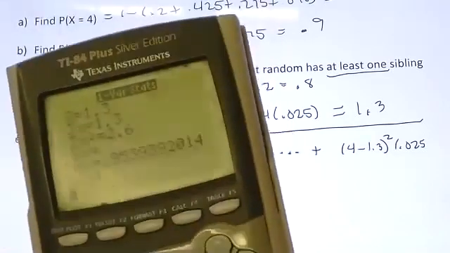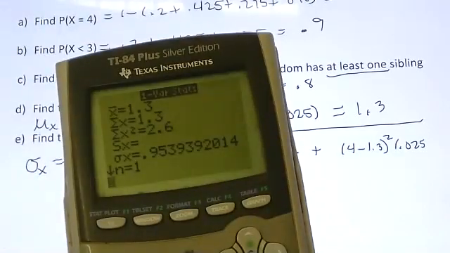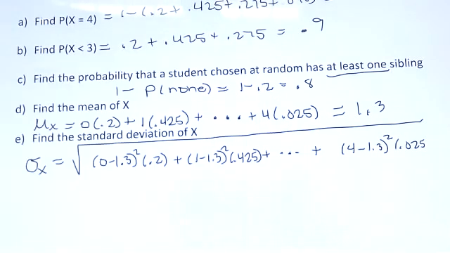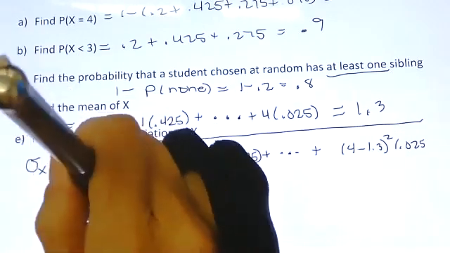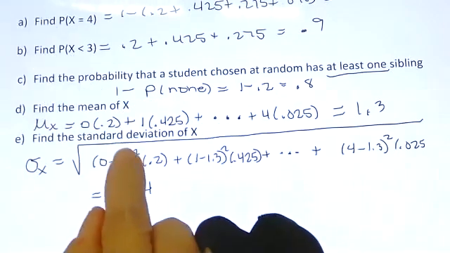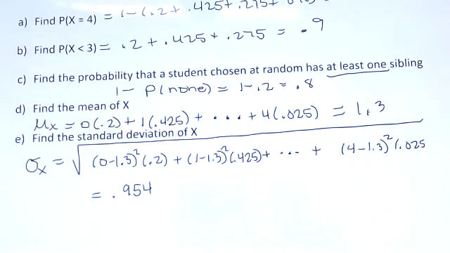So I am just going to do that, which is the one variable stats. And I can see that my standard deviation is 0.954. So even though I'm not going to type all of that in, I understand how that formula works.